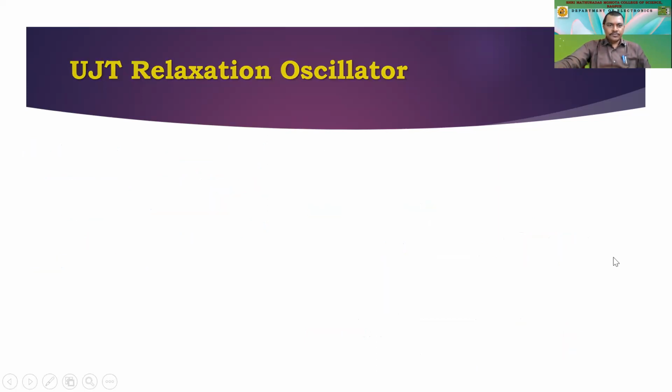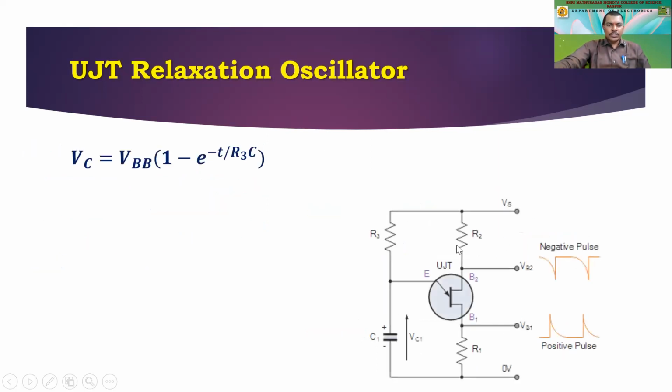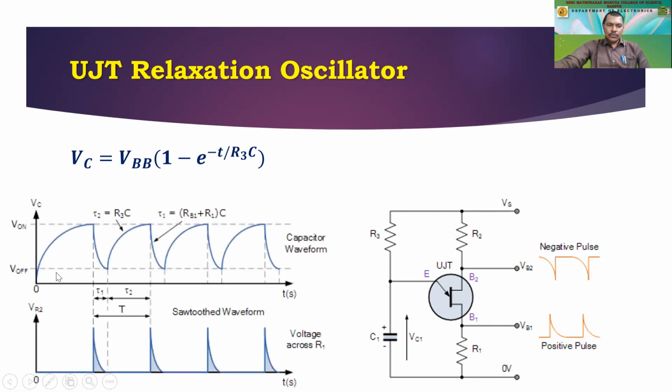So these are some of the equations that we have. We will not have a sine wave like this. We have VC equal to VBB into 1 minus e raised to the power minus t by R3 C. This is the equation according to which we are going to have this type of wave.